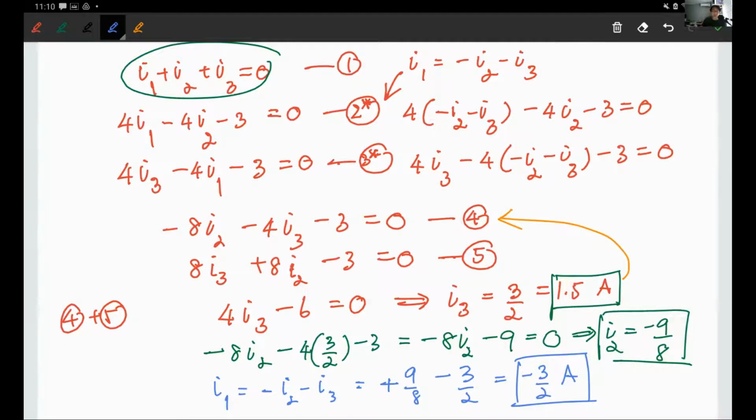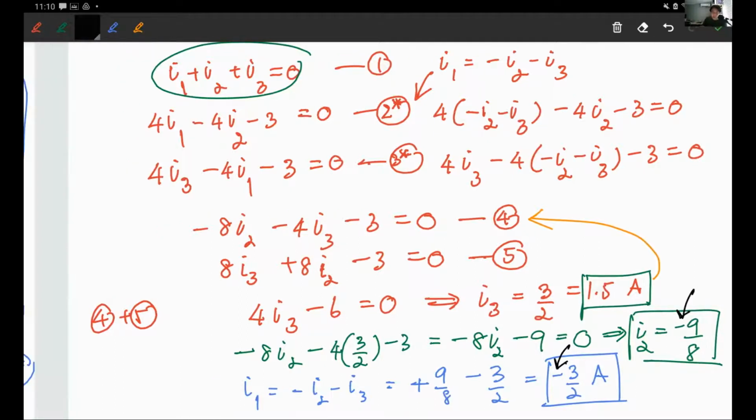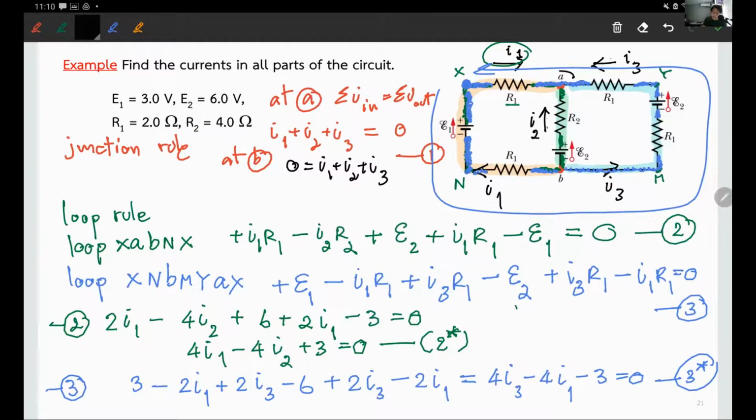So what's my point? See this? Some of these you're going to get as negative currents, because you assumed that the current flows into junction A, all three of them, which in reality is not possible.